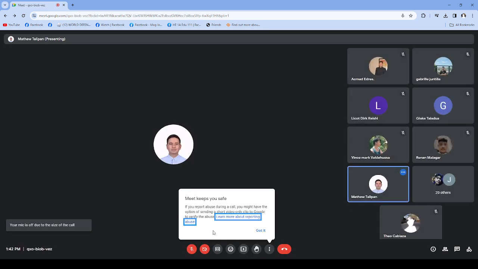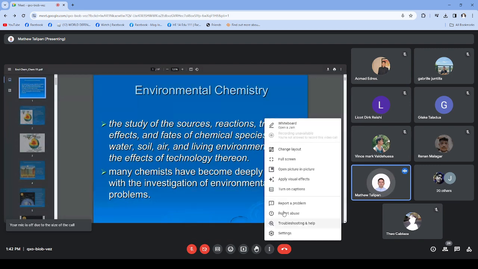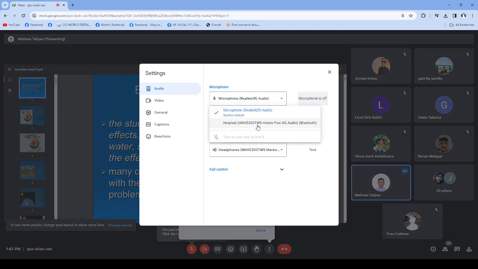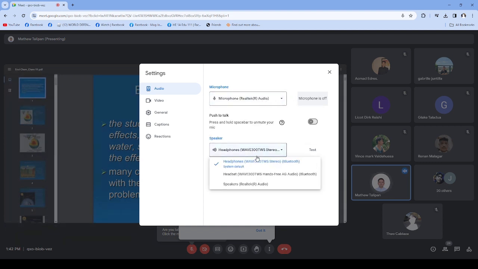Now, because of existing environmental problems, many scientists, including engineers, have been interested in studying environmental problems.